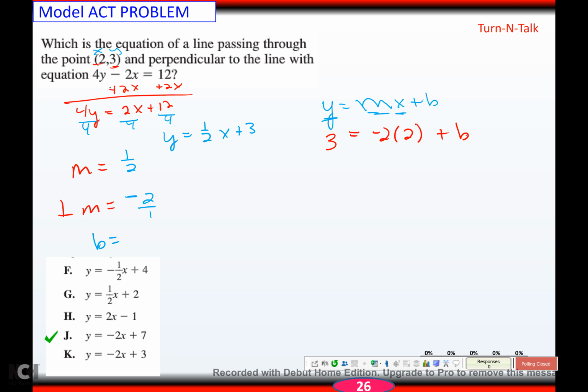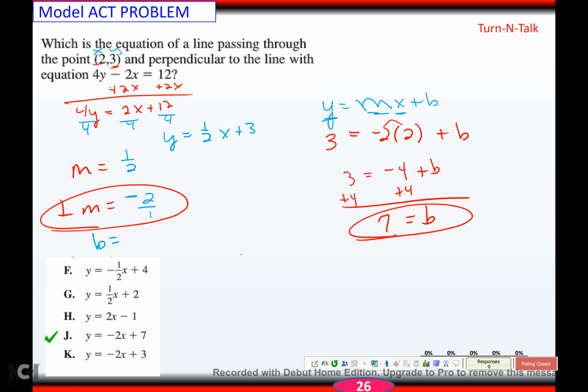Now I can solve it for b. That's negative 4. To get b alone now, I'm going to add 4, and I get b equals 7. So my perpendicular slope is negative 2, my y-intercept is 7. My equation then is y equals negative 2x plus 7. There you go.